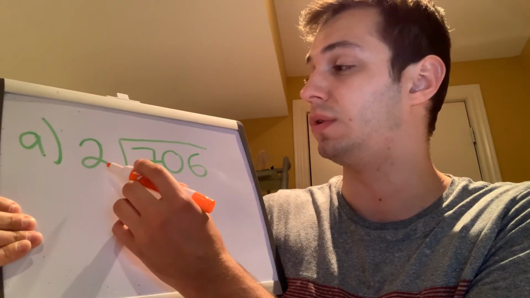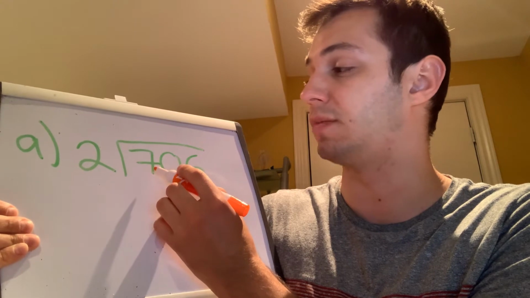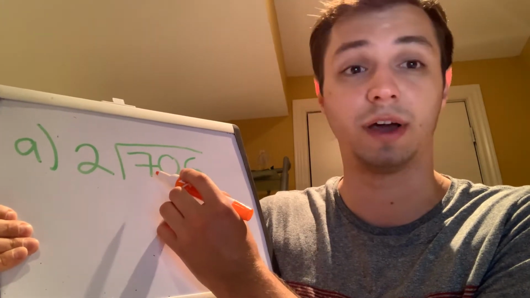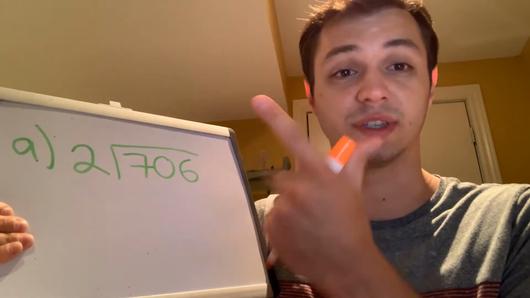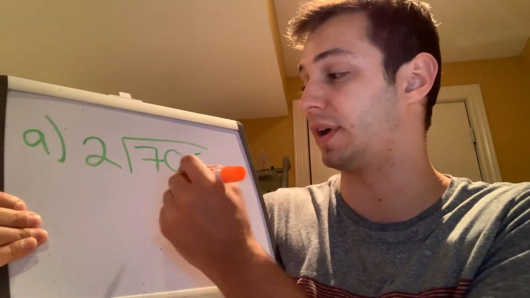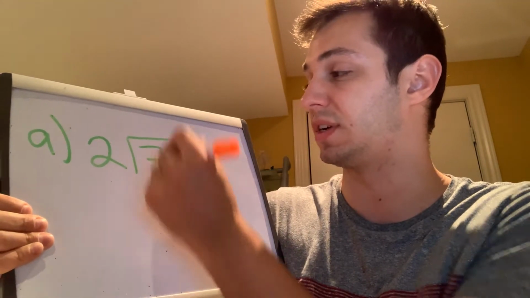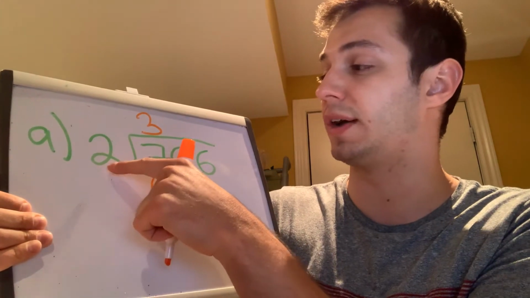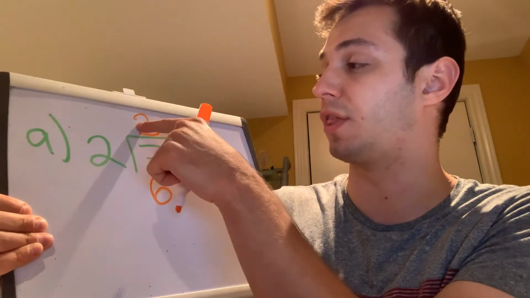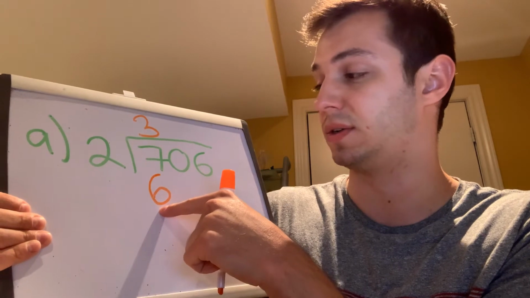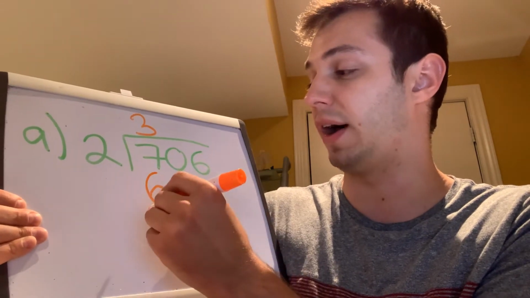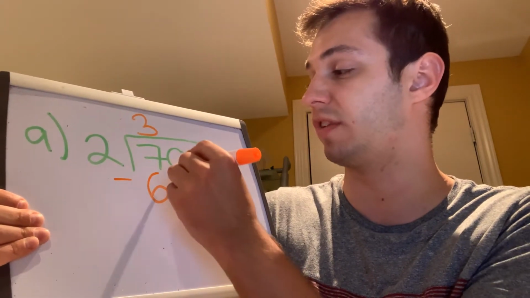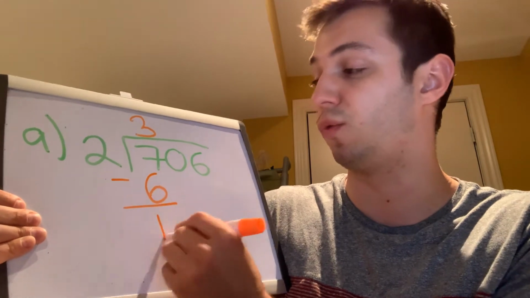How many times can 2 go into 7 without going over? 2, 4, 6, 3 times. So I'm going to put the 6 here and the 3. All this is doing is showing that 2 multiplied by 3 equals 6. If I subtract this, this will give me a remainder of 1.